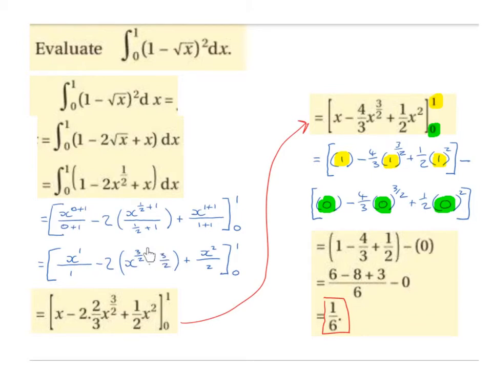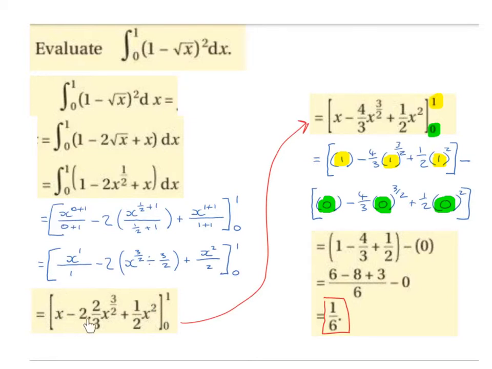So we change divide to multiply and invert, or turn the second fraction upside down. So we still have the minus 2, we're multiplying now by 2 over 3, so we stick the 2 over 3 in front, and it's x to the power of 3 over 2. And then to integrate x, this is x to the power 1 plus 1 over 1 plus 1, which is x squared over 2, which is a half x squared.